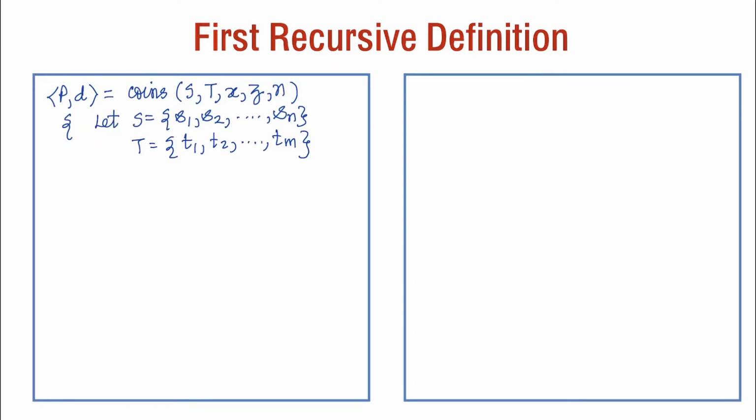Now we start writing our base conditions. What are our base conditions? Our base conditions are: if z may be 0, z may be negative, or T may be null.